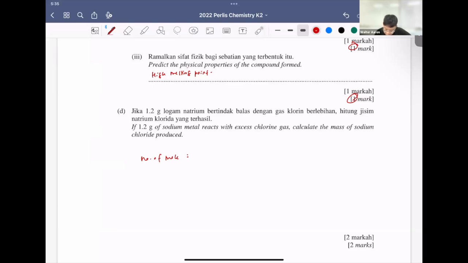That will be 1.2 grams divided by the molar mass of sodium, which is 23 grams per mole. So what you'll get is 0.052 mole.